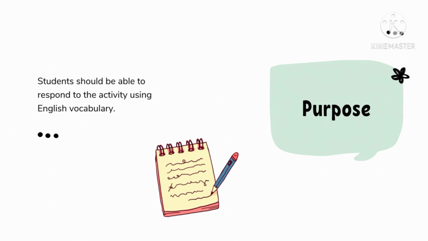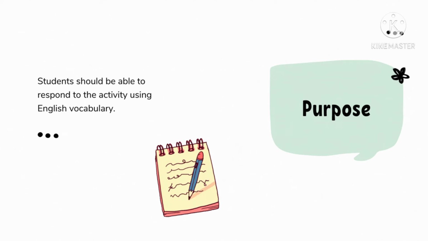The purpose of this type of activity is that the students should be able to respond to the activity using English vocabulary. And also, this activity is particularly useful in early stages of courses.